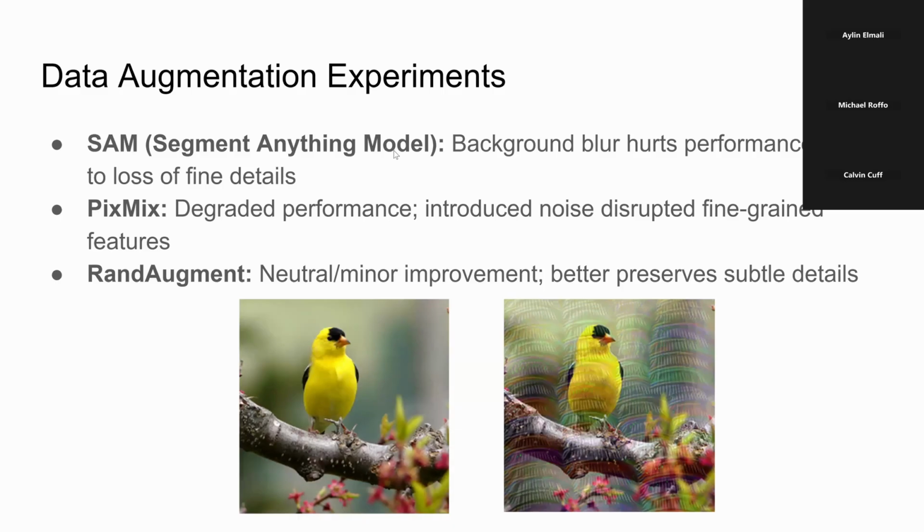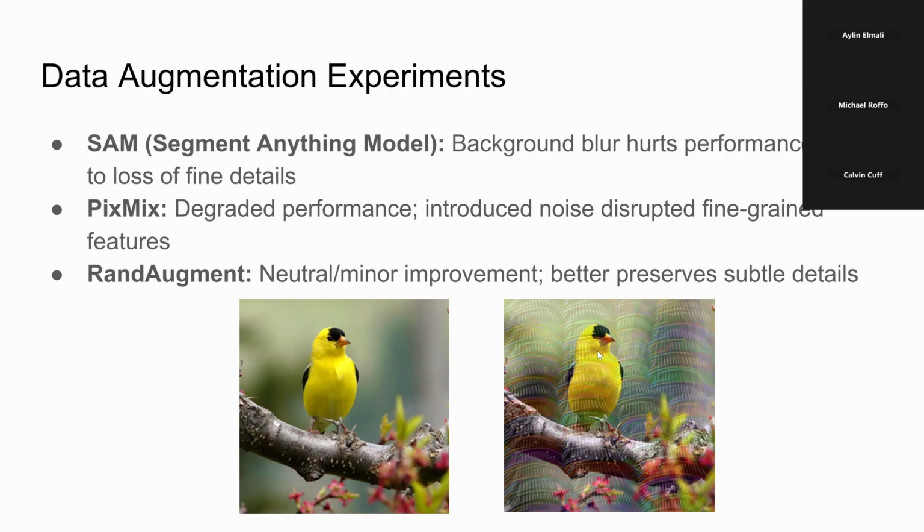Our first attempt was to try a couple of data augmentation experiments using some preprocessing methods that alter the images in some ways. For the first two, SAM and PixMix, these both hurt performance, and we hypothesized it was because of either adding a blur or a texture image with PixMix, as you can see an example of these two images, the second being the mix with the texture.